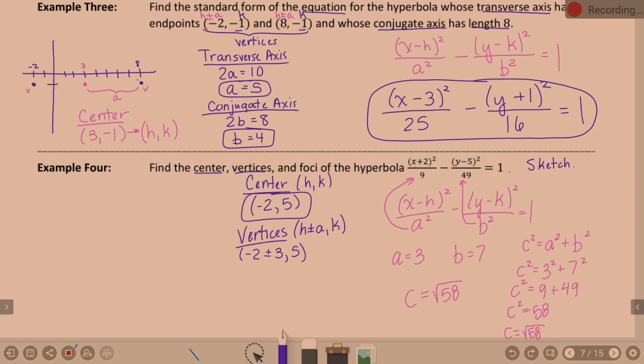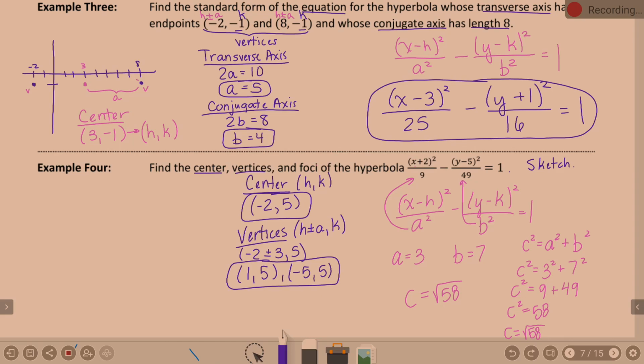Do I get to leave my answer like this? No, that's still math that's doable, right? Clean it up. Don't leave it as the plus or minus when I can add those. So -2 plus 3 is going to be 1, comma 5. -2 minus 3, -5, comma 5. Do the math when you can, guys, right?